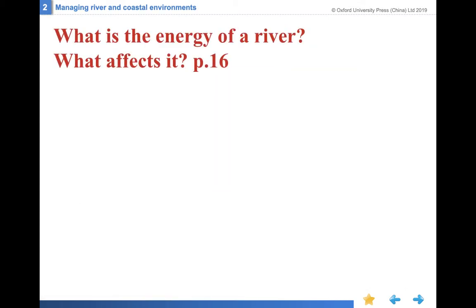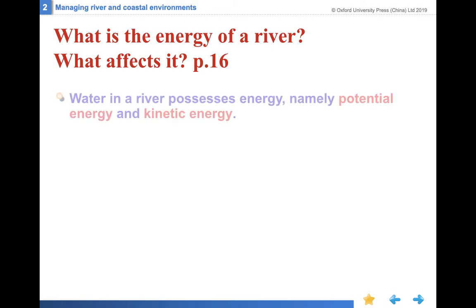So let's go to page 16. So as you remember, they have different shape and different sediments and different amount of the water in the channel in upper, middle, and lower course. So what are the energies of these three sections of the course, and what affects the energy in different courses?